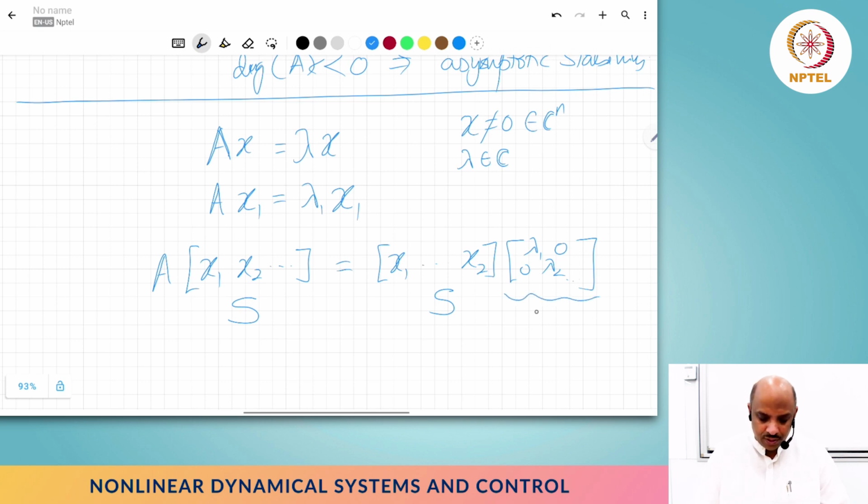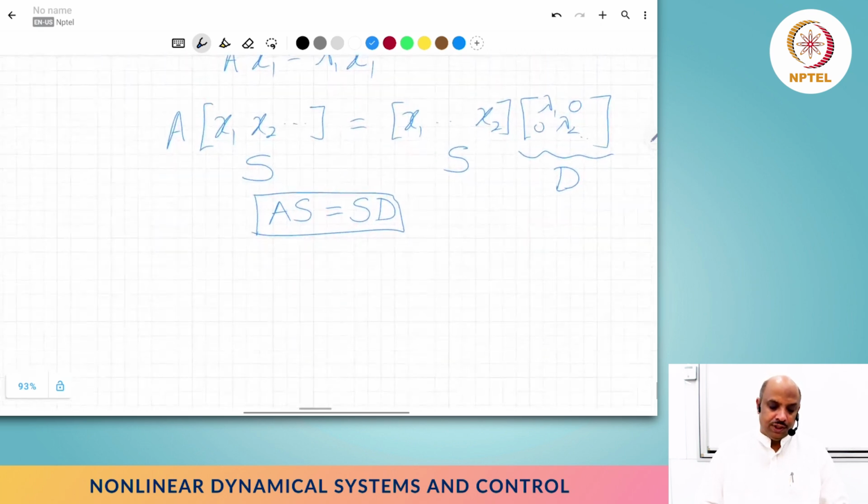We can easily see that we can write this set of equations as a simple matrix equation: A times S is equal to S times D, right? This is a nice thing to remember. An n by n matrix is guaranteed to have n eigenvalues and n eigenvectors, so we can always do this, right?